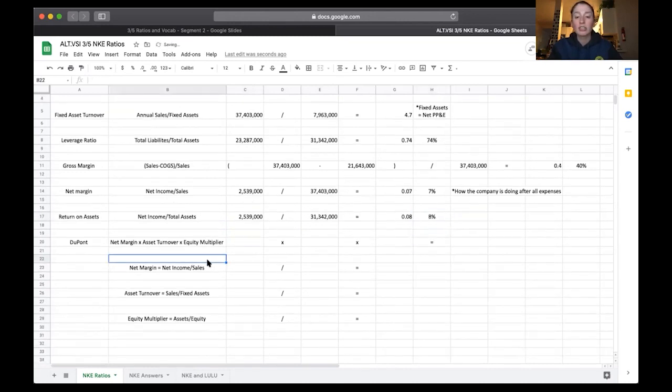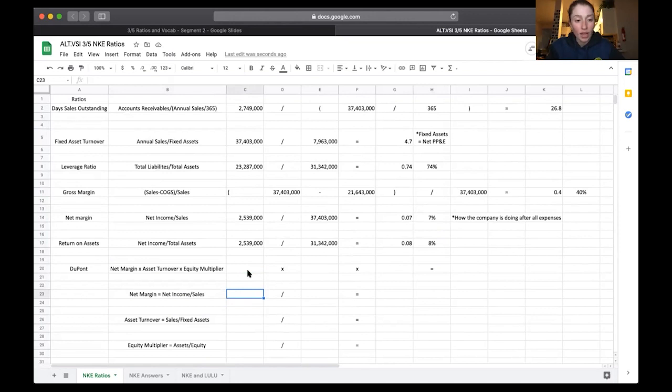Now moving down to the DuPont formula, I added this in for a little extra practice on these three ratios down here. So if we first look at net margin, we already solved that above. So if you copy and paste it down here, oops, then you end up with the 0.07, so same answer as above.